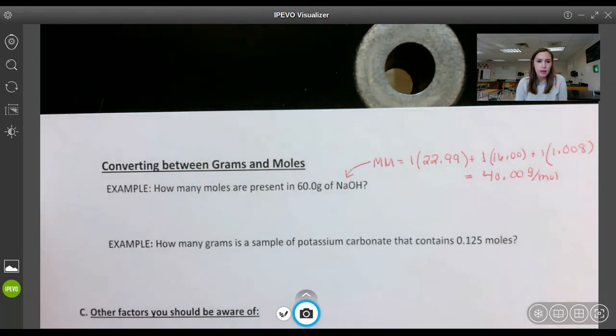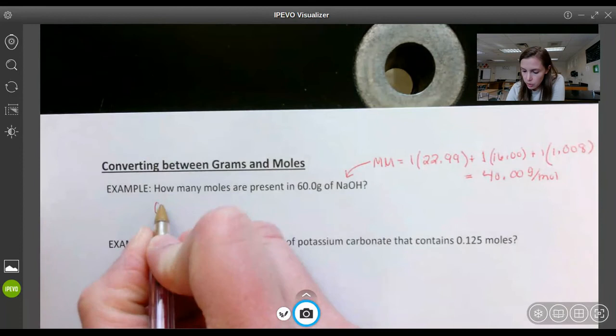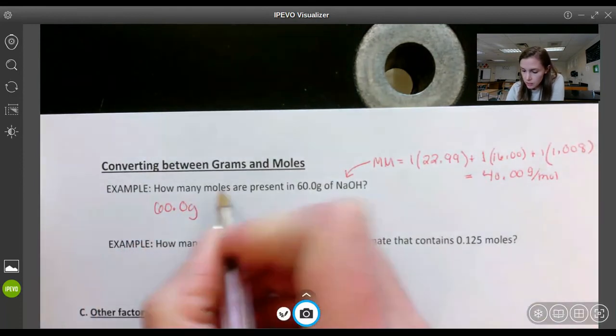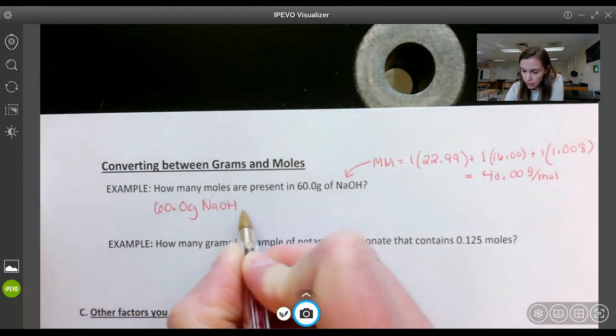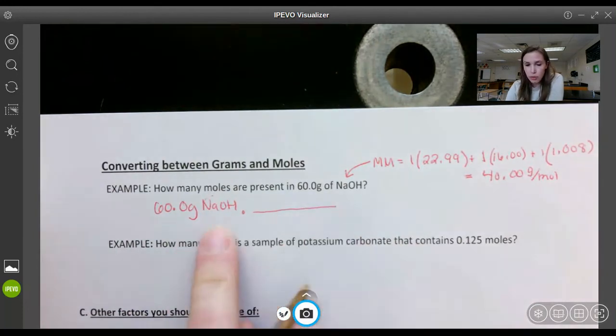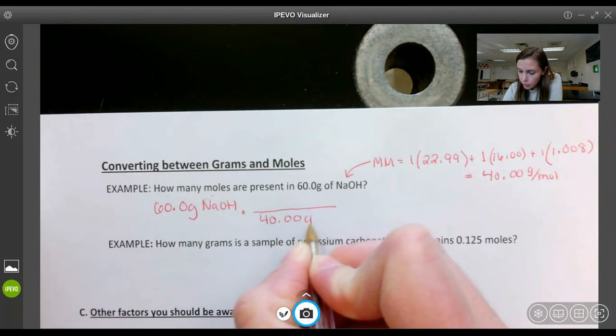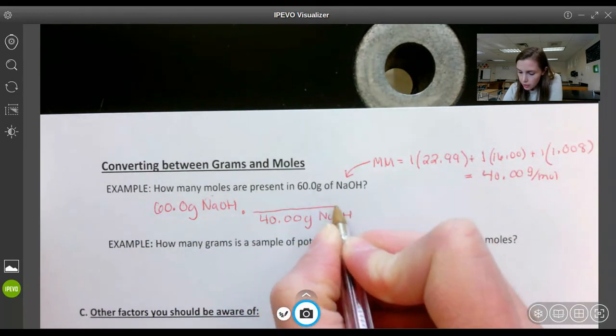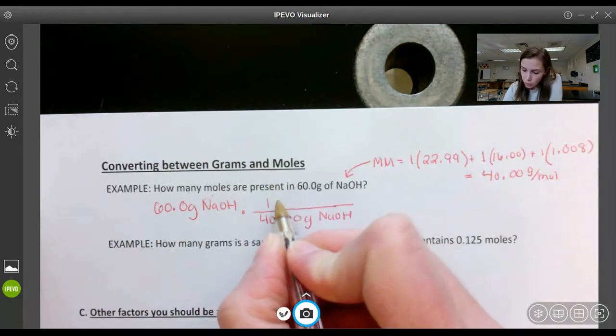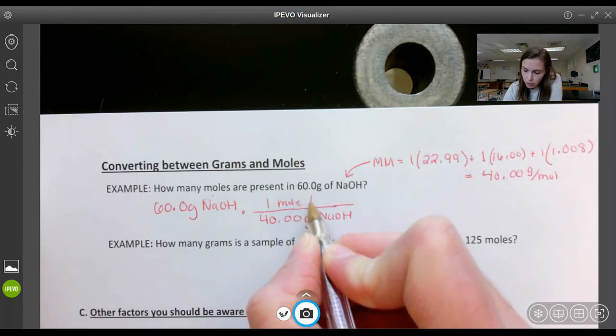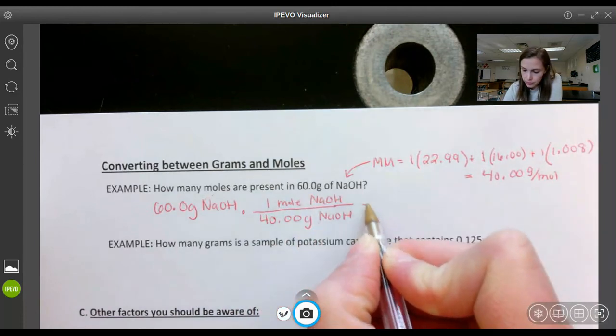So now we can use that in our dimensional analysis. So again, starting with what we were given, we have 60 grams of our sodium hydroxide. Okay, I started with grams, so I'm going to put grams in the denominator. So I'm going to have my 40.0 grams of sodium hydroxide, that is equivalent to 1 mole of NaOH.